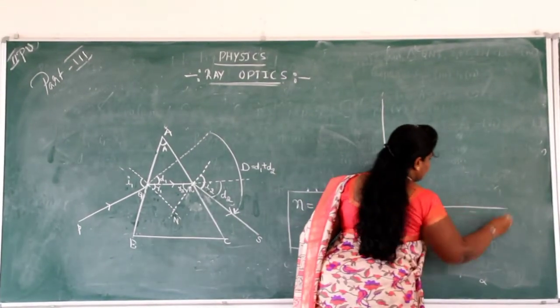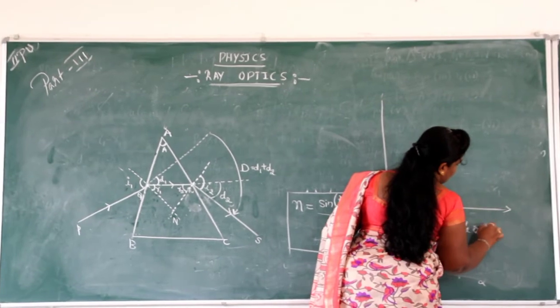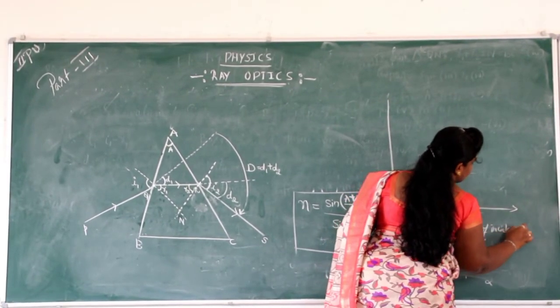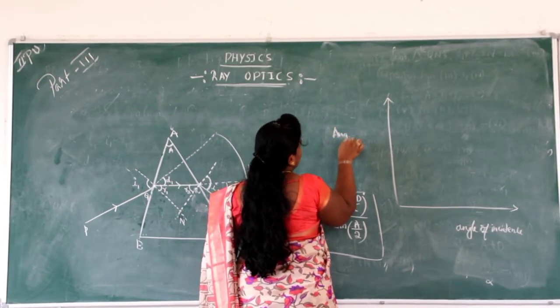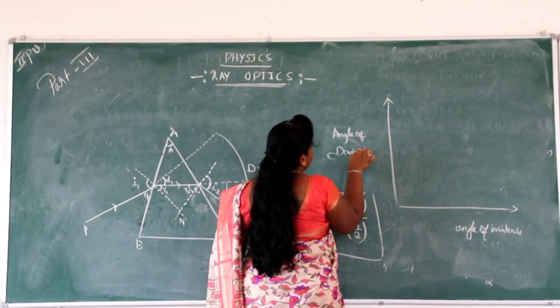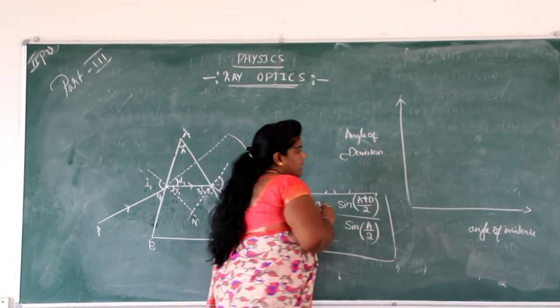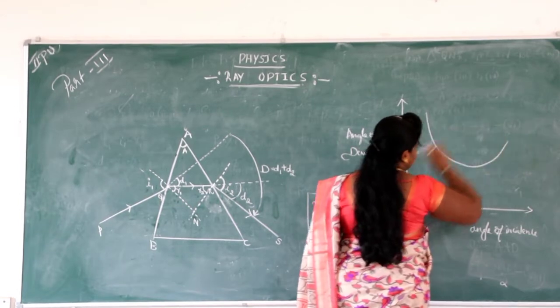So you can observe here, along the x-axis I consider angle of incidence, and along the y-axis angle of deviation. See my dear students, the graph will be in this way.